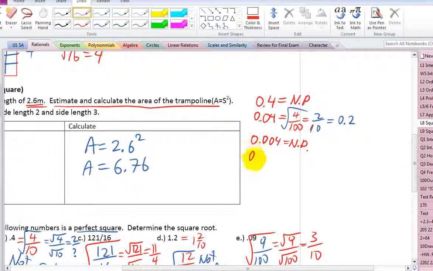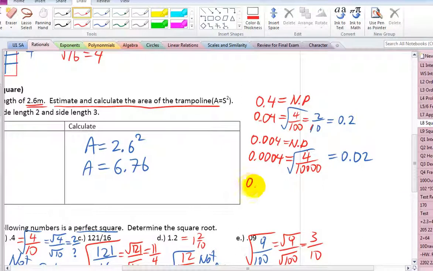So what about 0.0004? How many decimals do I have? 4. Well, guess what? When I square root that, that's going to be 10,000. When I square root that, I get 0.02.